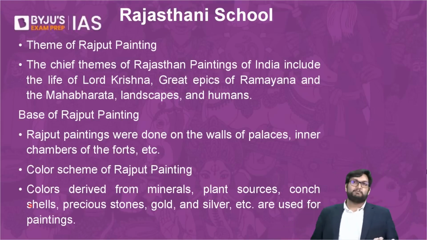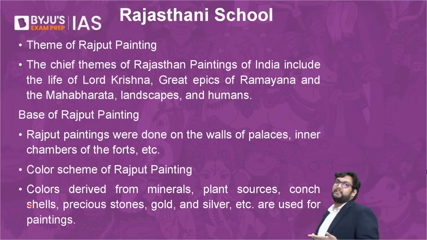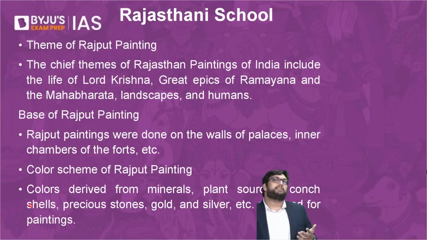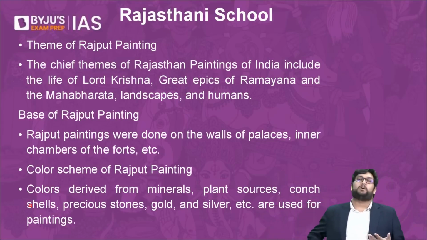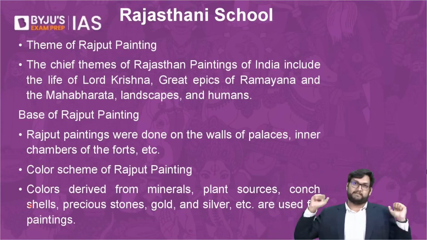We started at mural, we went to small miniature paintings, and by the time we come to the Rajasthani schools, again murals are there, because there is no real compulsion with regards to not making big areas.